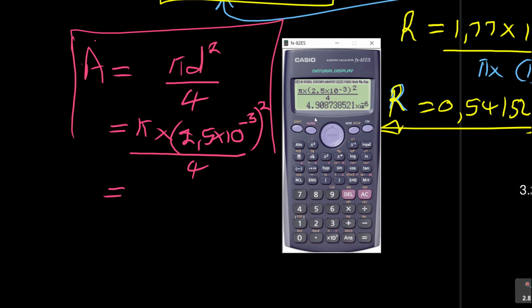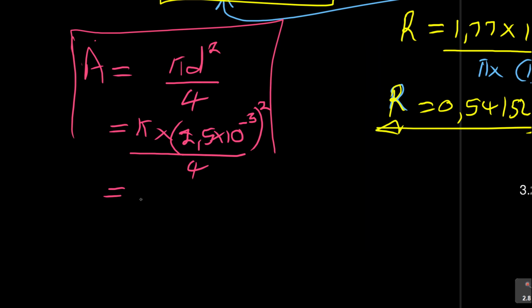Then you get this answer, which is 4,9087. It's better to write as many digits as you can so that you don't lose a lot of rounding off, which is 4,9087 times 10 to the power negative 6. This is your area.